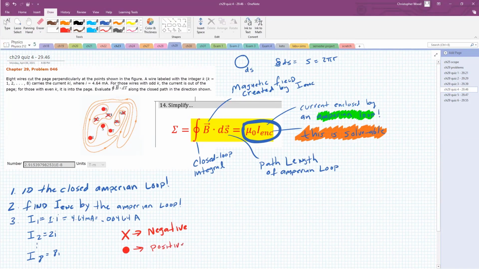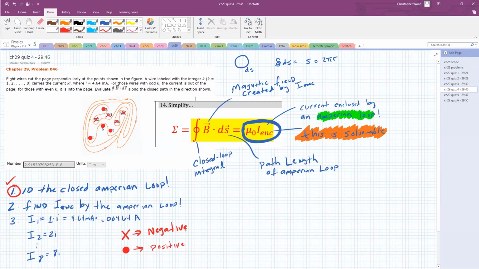All right, so your job is to find out, number one, what are the currents? What's the Amperian loop? And it's given to you, so you're done with number one. Number two, what's the net current enclosed by the Amperian loop? Find that magnitude. Remember, X's are negative, dots are positive.